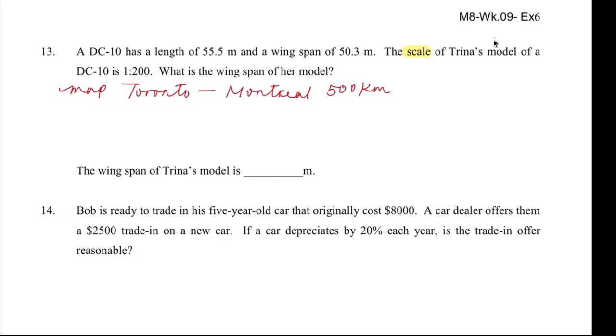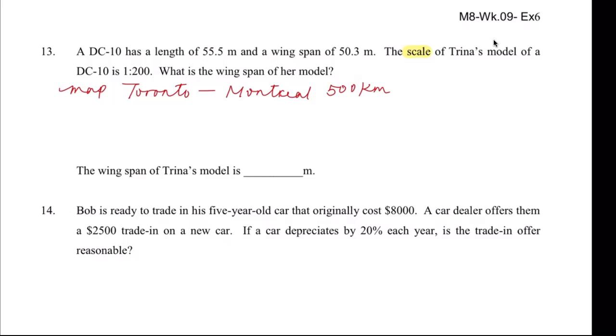So we use a ratio to represent the length and the wingspan of the model. The scale of the model is 1 to 200, which means we use 1 meter on the model to represent 200 meters of the plane in real life, right?